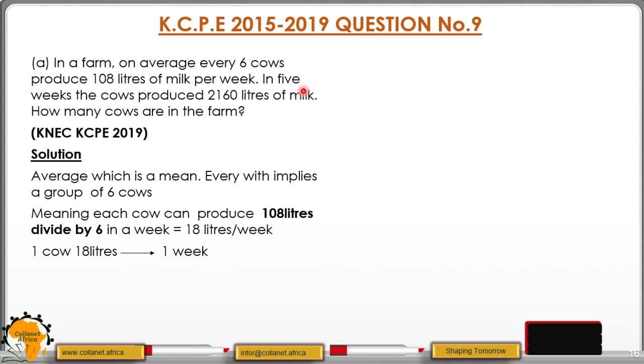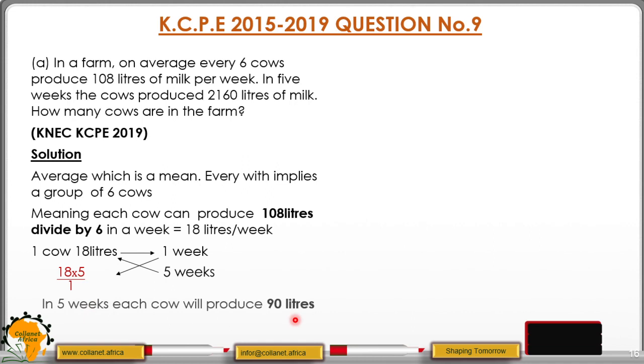Therefore, in 5 weeks, 1 cow will produce 5 times 18, which is 90 liters. So in 5 weeks, each cow will produce 90 liters. And since all the cows produce 2,160, how do we get the number of cows in the farm?